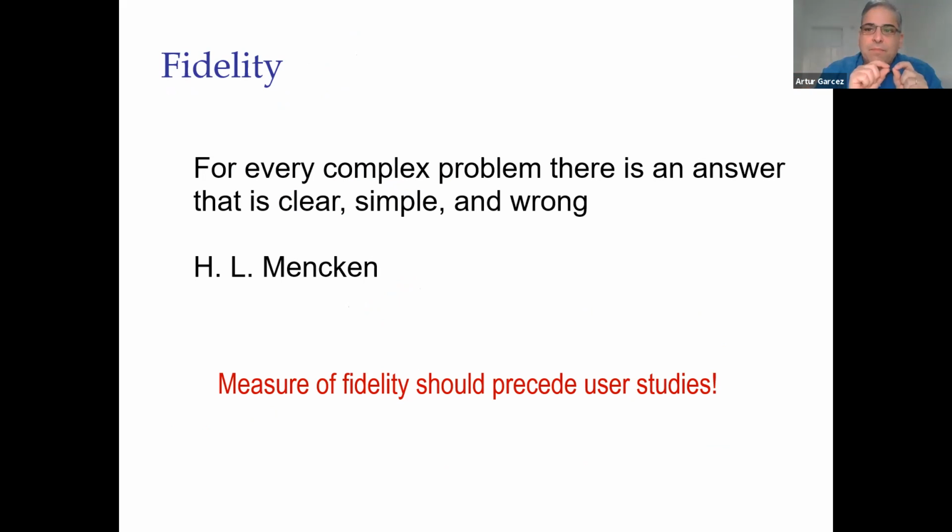And through this step of knowledge extraction, we would then measure fidelity. And this is very important, and the main point that I want to get across here, that this measure of fidelity is absolutely necessary and should precede user studies. Because for every complex problem, there is an answer that is clear, simple, and wrong. So we do need a measure of fidelity as we try to explain such models.